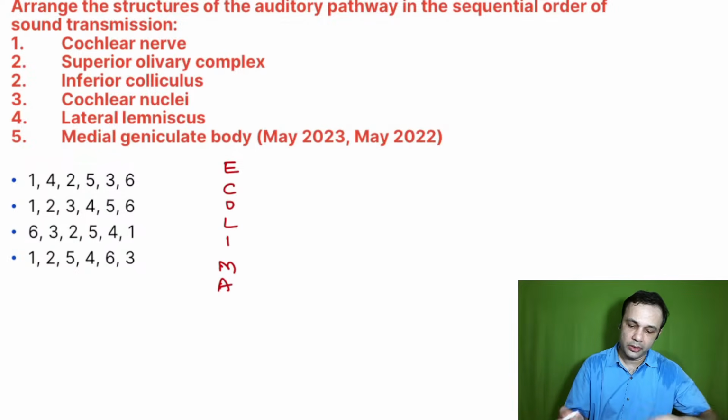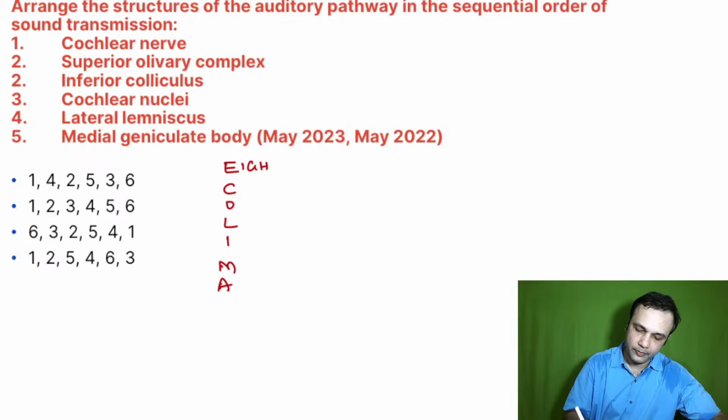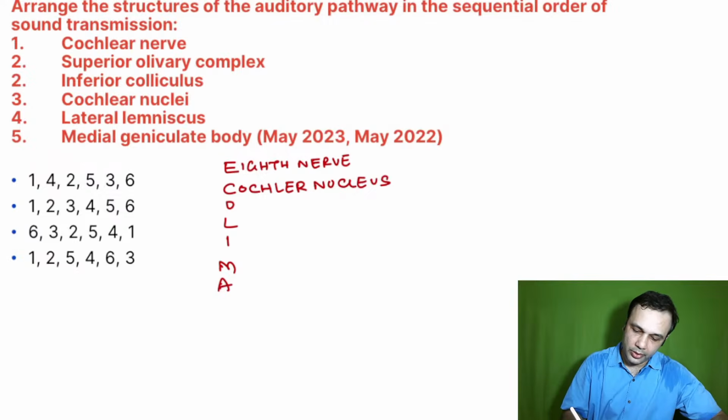So when you talk about echolyma, you have the eighth nerve, you have the cochlear nucleus. What do you have here?